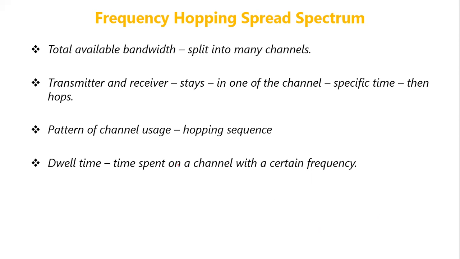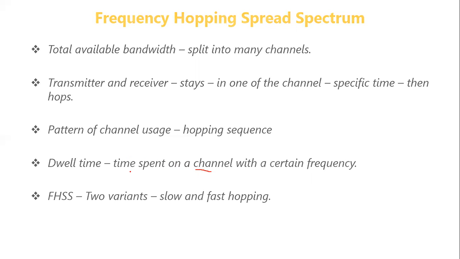There is also a terminology called dwell time, which represents the time spent on a channel with a certain frequency. That is how much time a particular sender or receiver is spending on one particular frequency. That measurement is called dwell time.